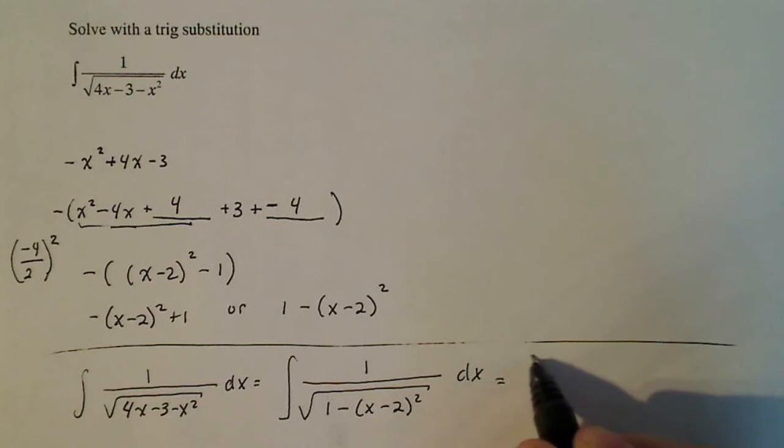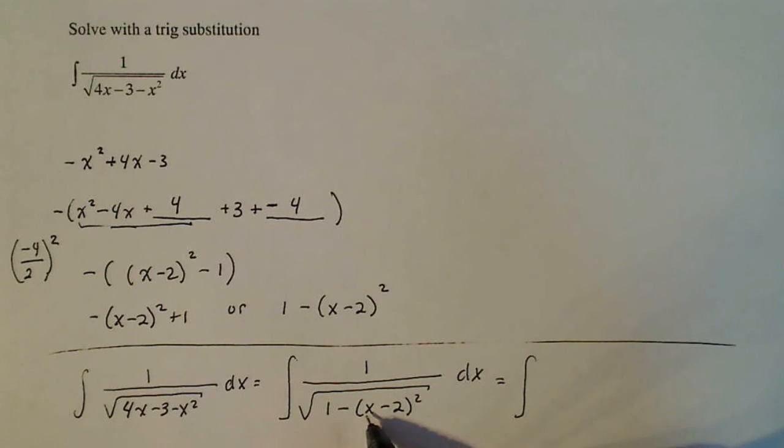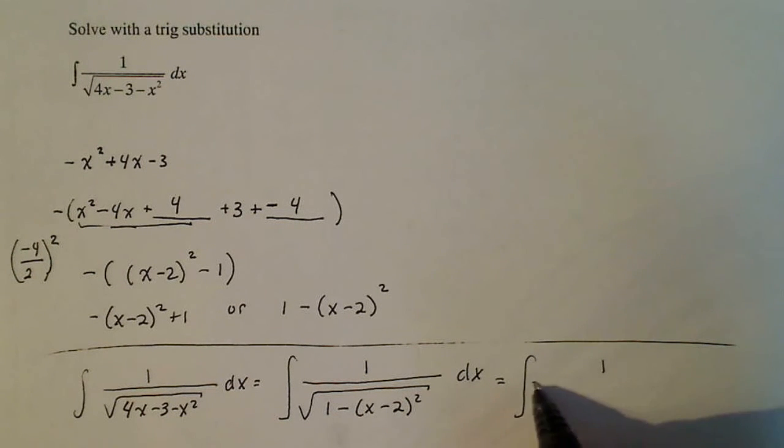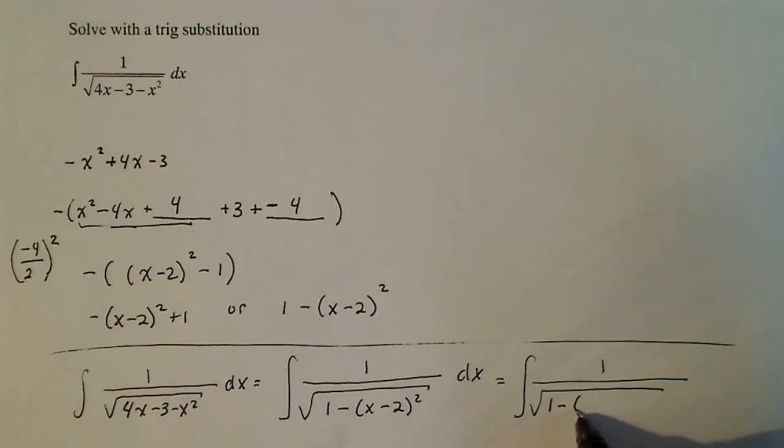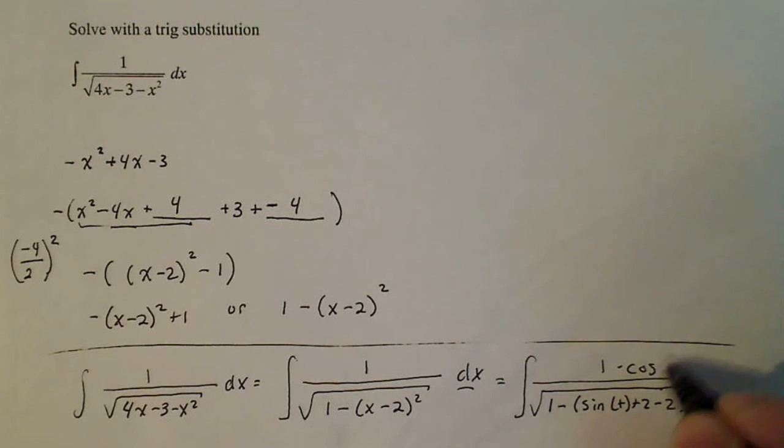So making the trig sub, in for x, I'm going to write sine t plus 2, and then I have to subtract 2 and then square the result. And then dx becomes cosine t dt.